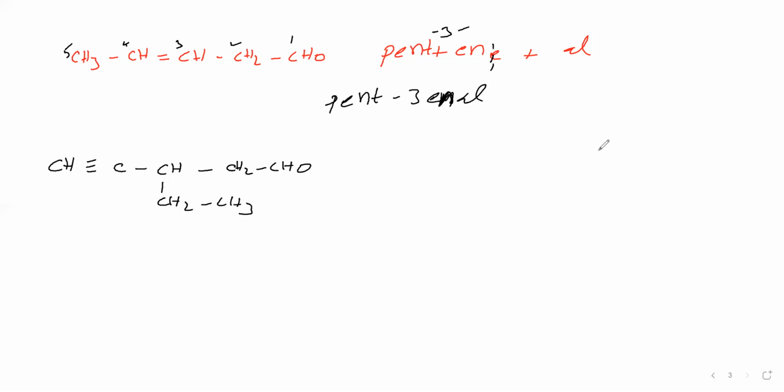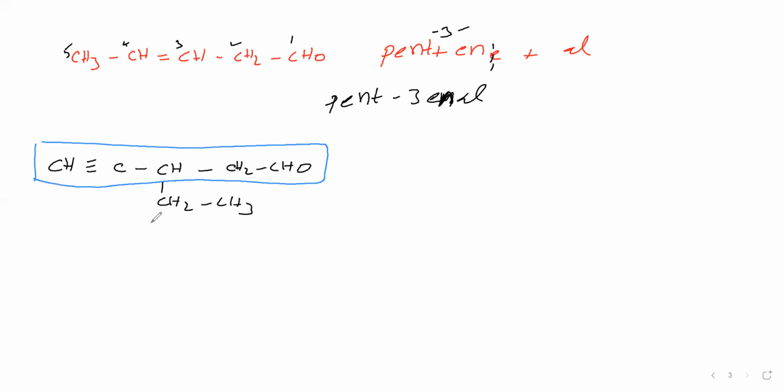Now we will see the parent chain. What is the parent chain here? If we select the straight chain, the number of carbons is 5. If we select like this, the number of carbons is also 5. So both ways the number of carbons is the same. Then which do we have to select as the parent chain? The parent chain is the one in which all the functional groups are present. So in this straight chain, both functional groups are present. Therefore, we will take the straight chain as the parent chain.